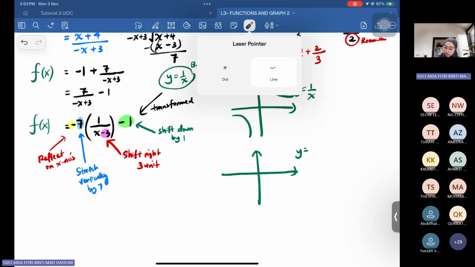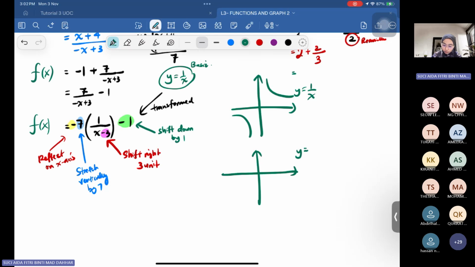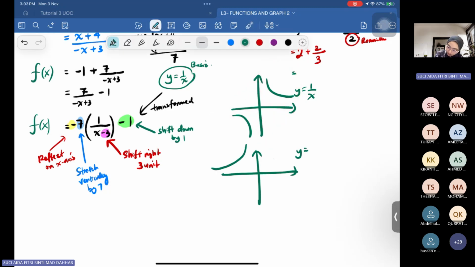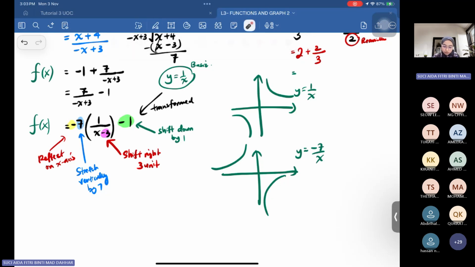When you stretch, it will look steeper and skinnier. That's what happens when you stretch vertically, but basically the shape is almost the same. When you reflect on the x-axis, the upper part goes down and the bottom part goes up, so your graph looks like this. This is negative 7 over x. I have already done the stretching and the reflection, both of them.